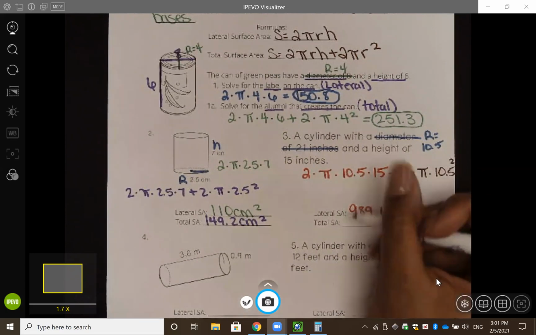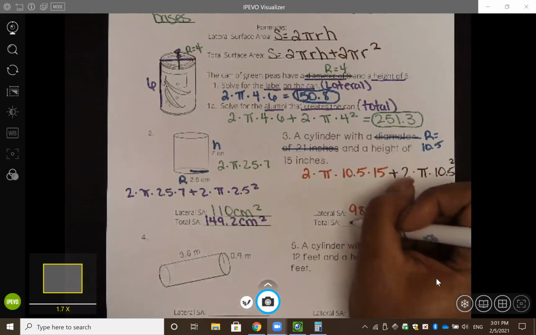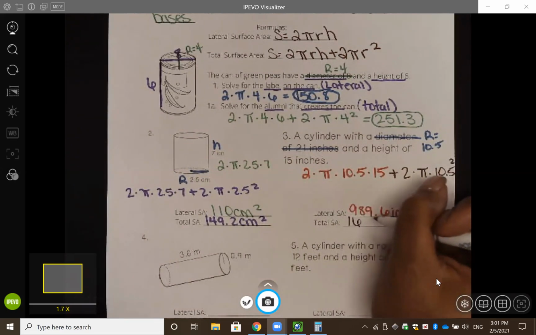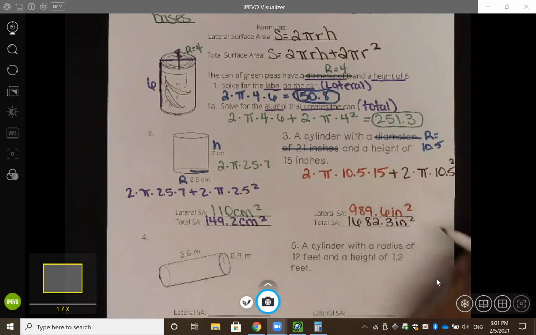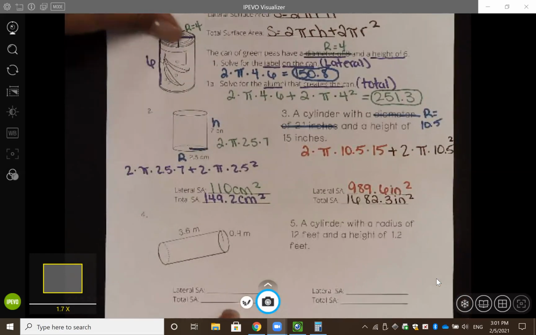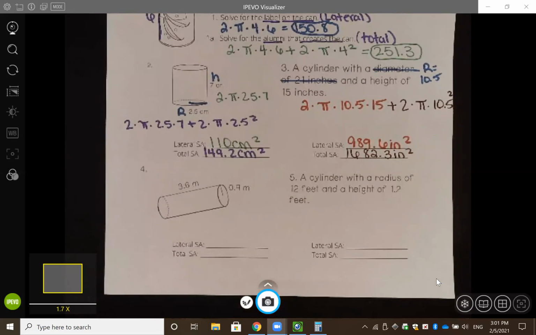And that is 1,682.3 inches squared. If you feel confident, you can stop the video and go ahead and do numbers 4 and 5 on your own. If you're still struggling, you can continue to watch with me. Either way, good luck.